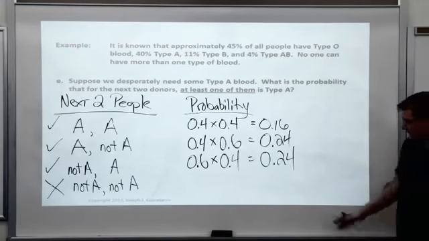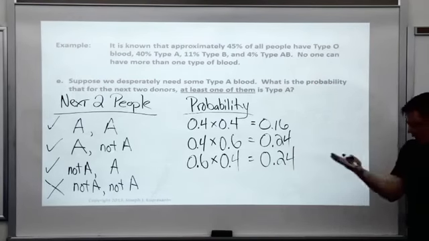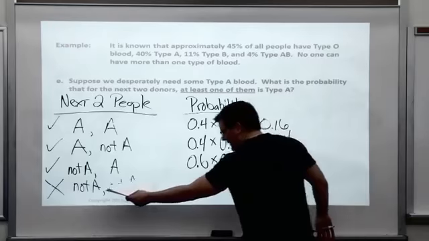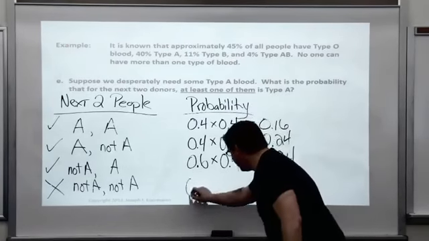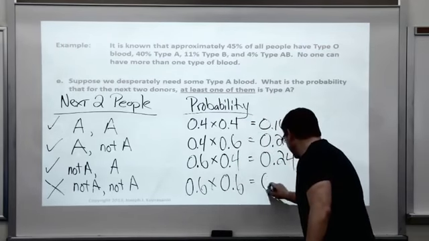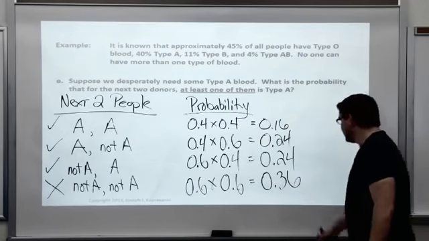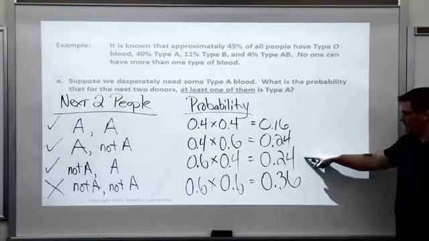And last but not least, the worst case scenario, because we're desperate for A. 2 people, no A. 0.6 probability for the first, independent of the second person, so I multiply 0.6 times 0.6 equals 0.36. These are the 4 outcomes.